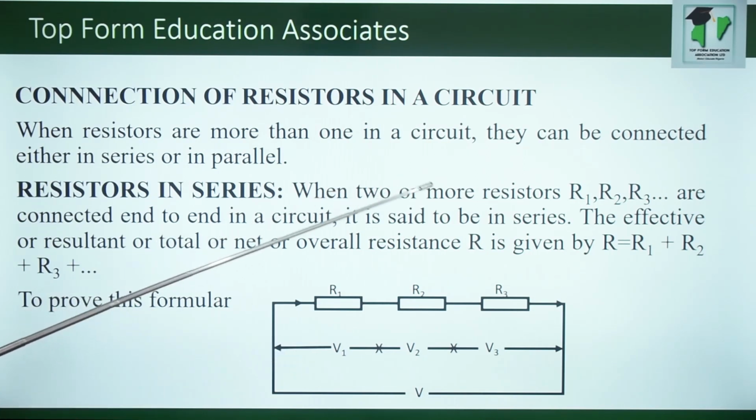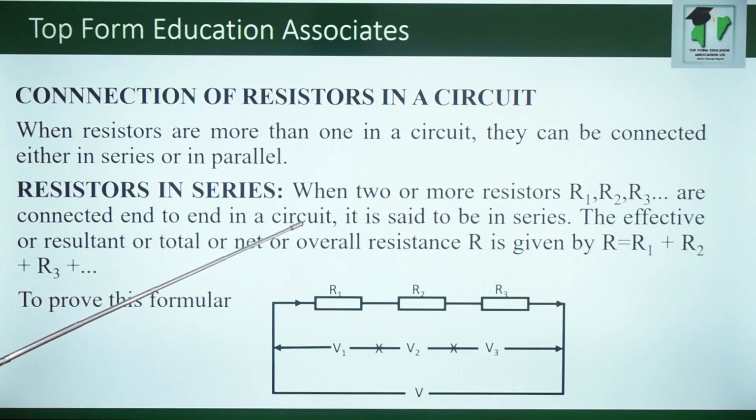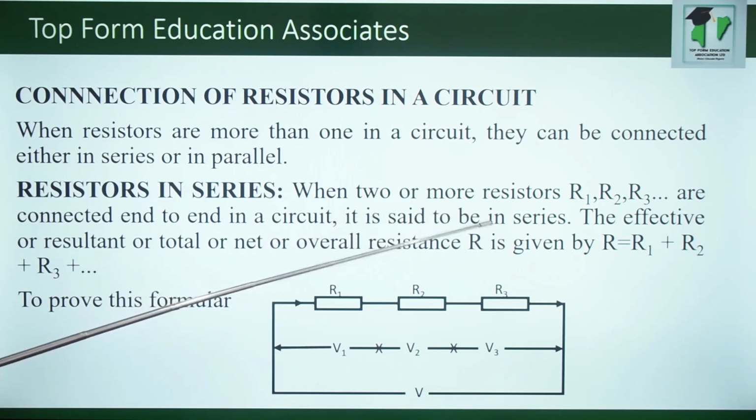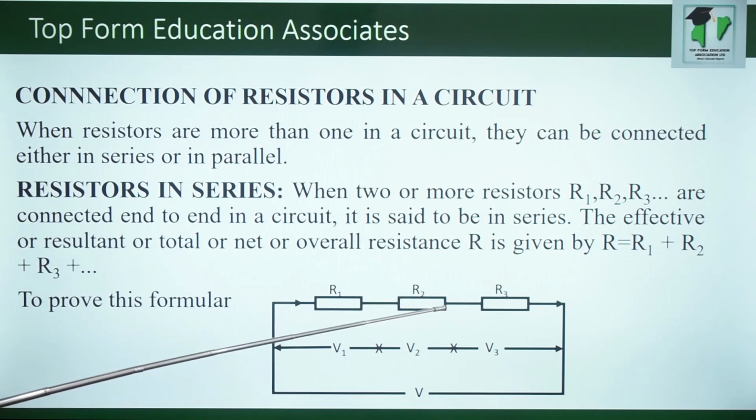When two or more resistors R1, R2, R3 are connected end to end in a circuit, it is said to be in series. So you have this end of R1 connected to the first end of R2. The last end of R2 connected to the first end of R3. So we see that such is series connection of resistors.